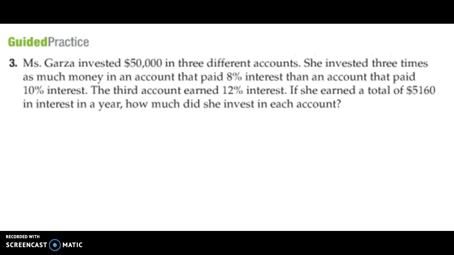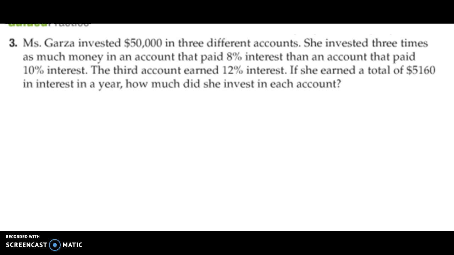Alright, so let's set up our equation real quick. Total invested is $50,000. 3 accounts. We'll call them X, Y, and Z. And so altogether that's going to be $50,000. Okay?